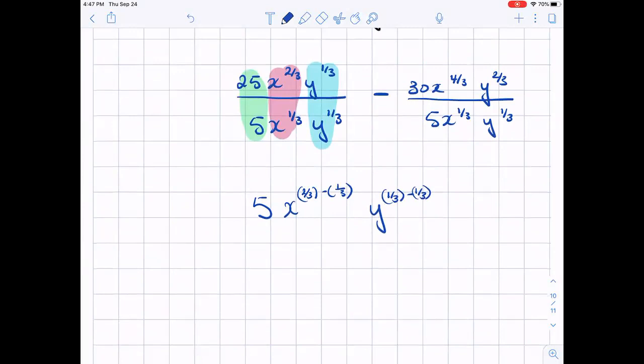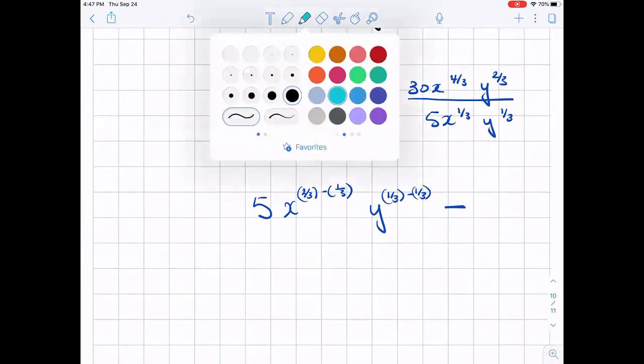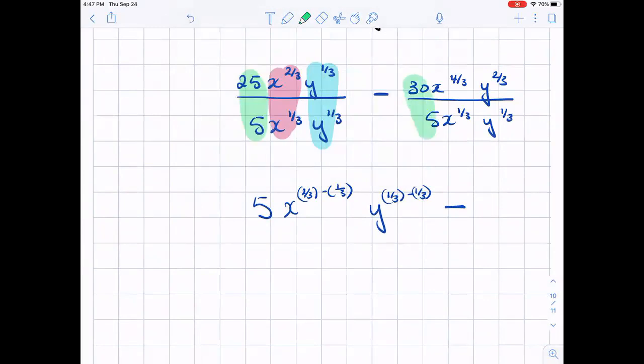And we do the same thing for this side now. So minus, I'm going to write it at the bottom here. This portion happens to divide evenly, so we can write that as 6, okay? Then we have x to the 4/3 minus 1/3, and then y to the 2/3 minus 1/3. I don't like how that is squished up over there.